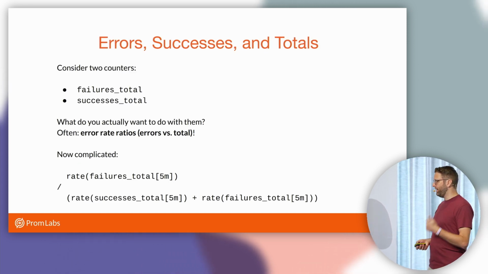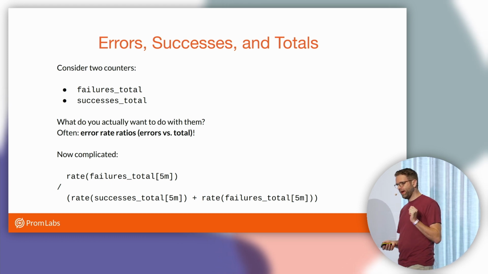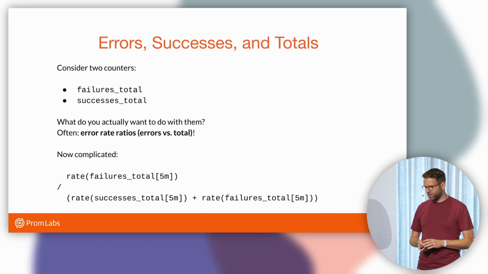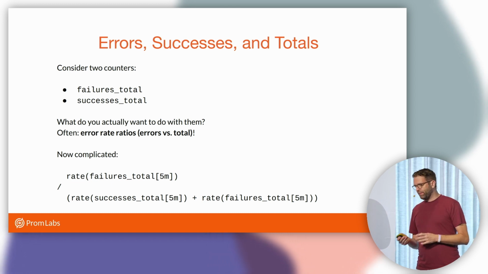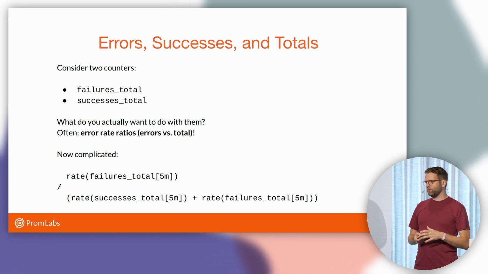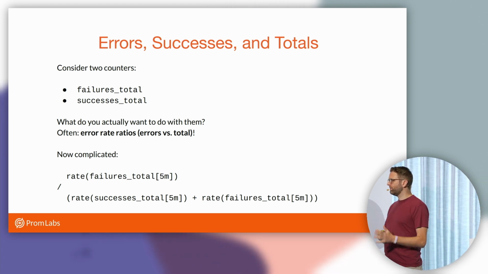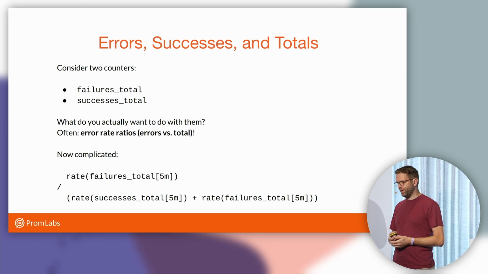When you create metrics to track successes and totals and failures of some operations that happen in your system, you might first think, okay, let's create a counter for all the failures that are happening and all the successes that are happening.